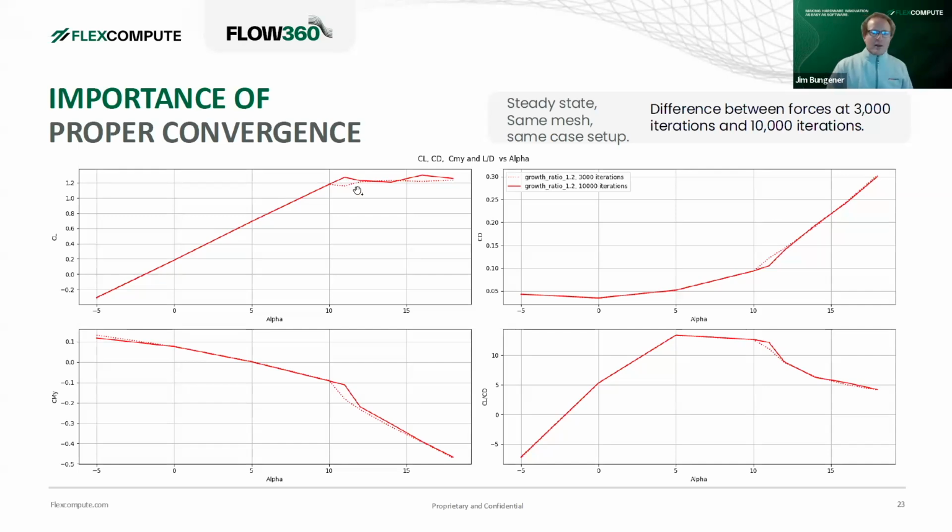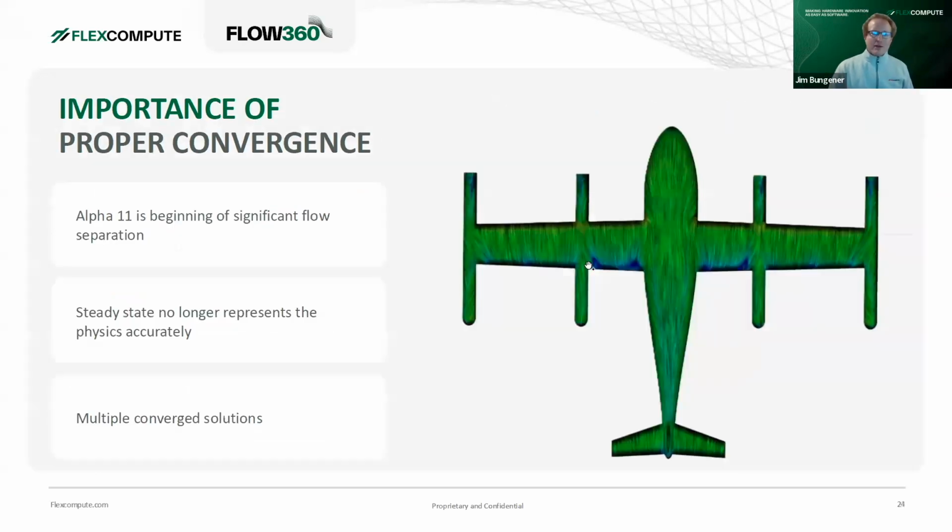And what's going on here is that at alpha 11, we are starting to have significant flow separation. And remember, this was a steady state simulation. Steady state no longer represents the physics accurately. We have multiple correct converged solutions.